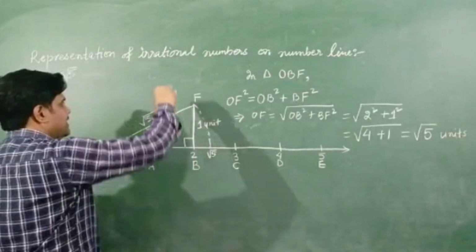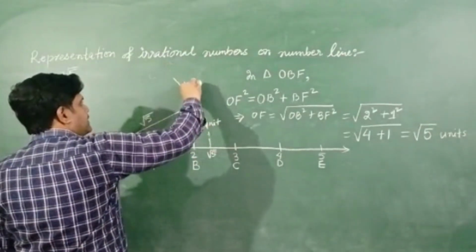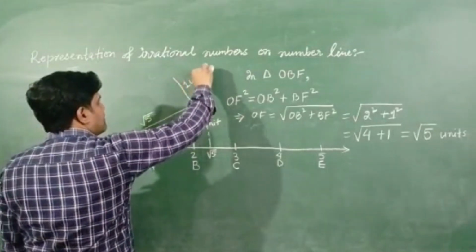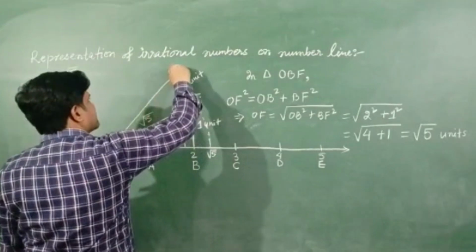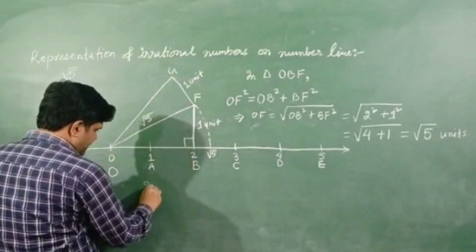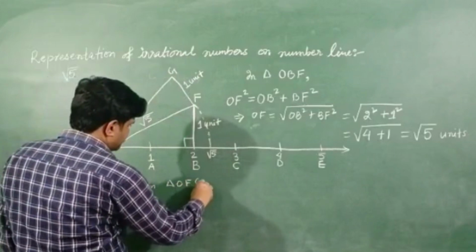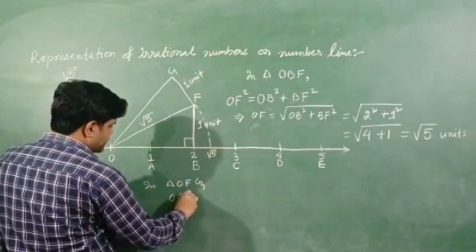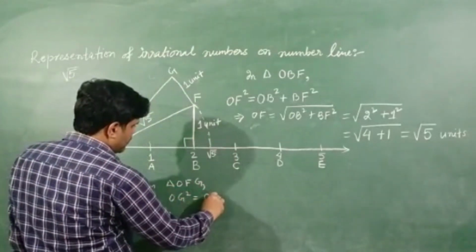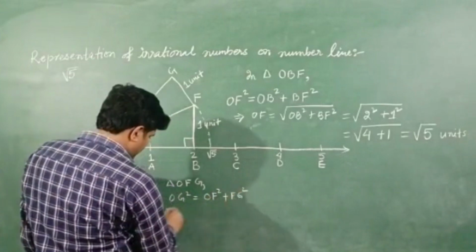If we have to find root 6, we can repeat the process. Take 1 unit here, join this, and let's call it G. So in triangle OFG, you can find OG squared is equal to OF squared plus FG squared.